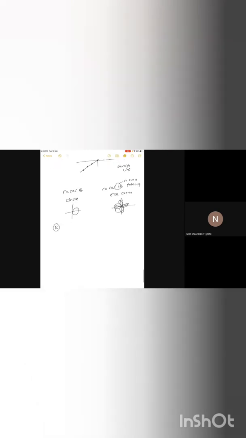So kita tengok K. R equals to 4 cos 5 theta. So 5 is odd. So odd petals dia akan ada n juga, which is 5. Okay. But then the difference in each angle must be plus 2 pi. Okay.